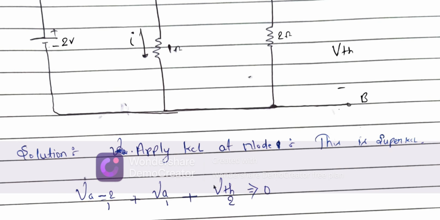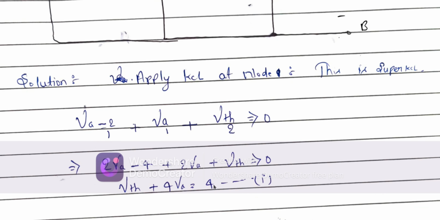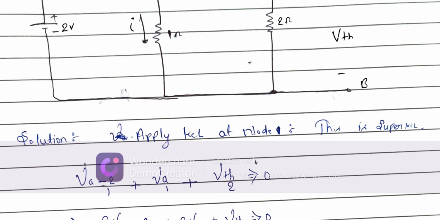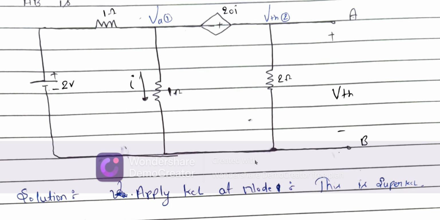This is the supernode condition, so that branch is neglected, and VTH by 2, and the incoming current is 0. So VA minus 2 by 1, plus VA by 1, plus VTH by 2.